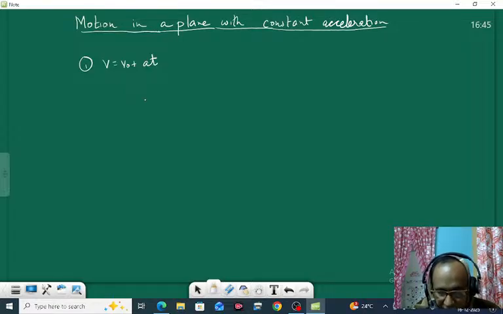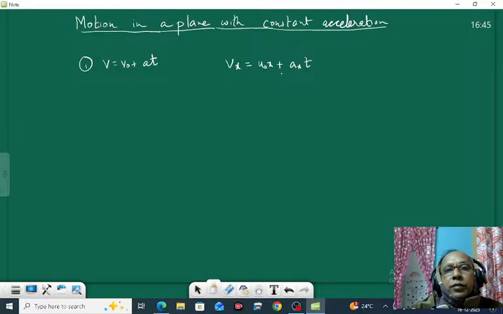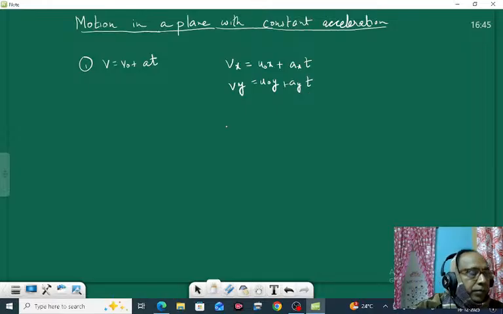In terms of components, vx equal to v0x plus axt, and vy can be written as v0y plus ayt. This can be written in this way.